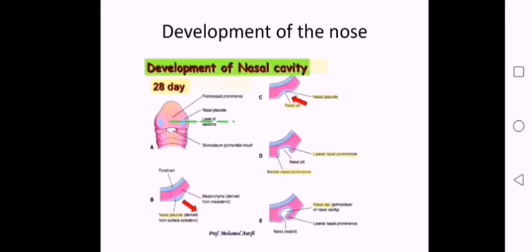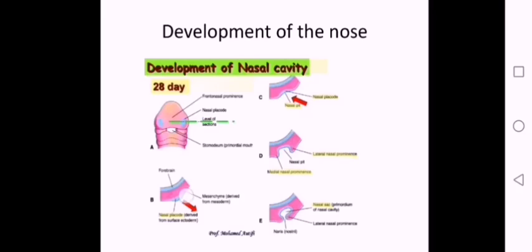Early in the embryonic development, during the fourth week of embryonic life, two thickenings appear on the sides of the frontonasal prominence. These thickenings are called the nasal placodes.